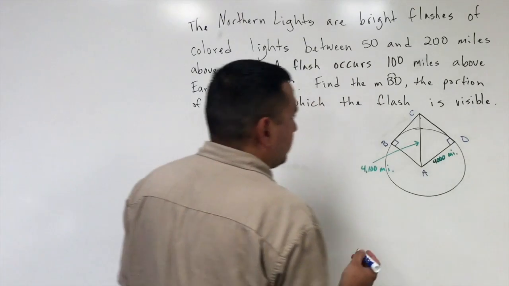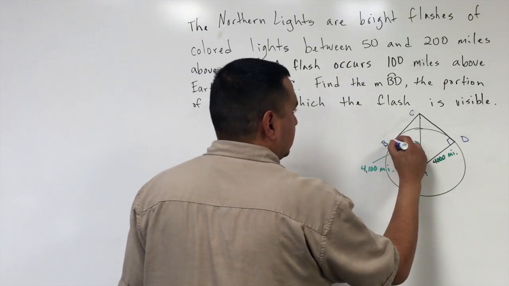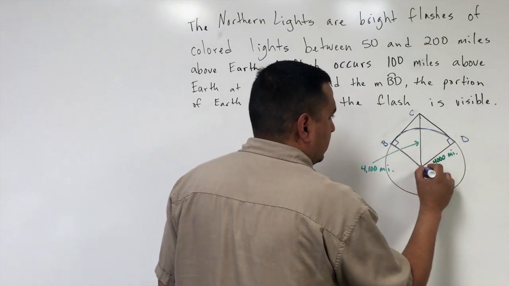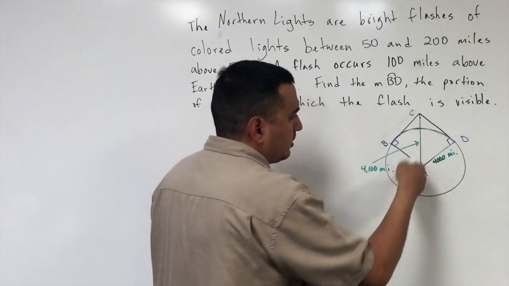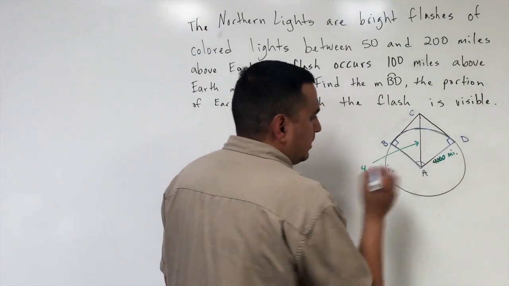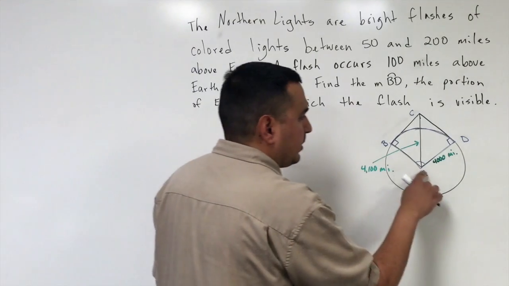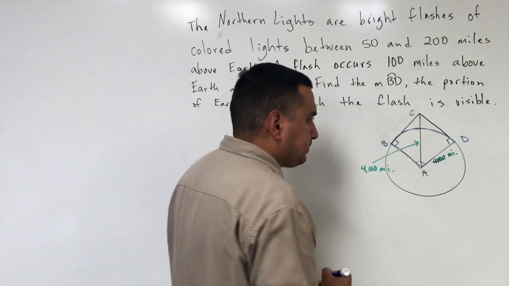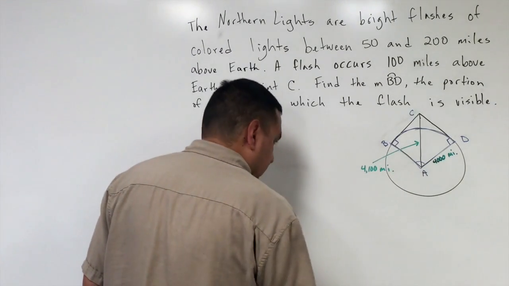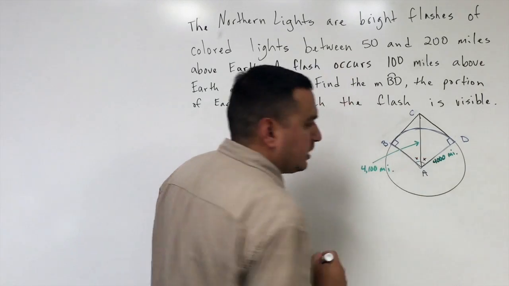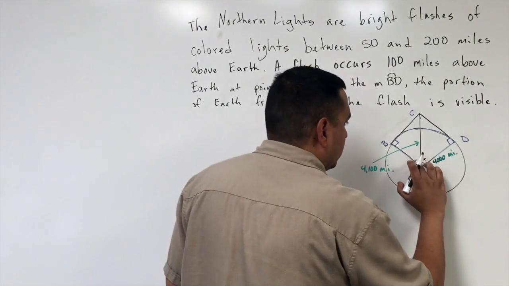And the reason I'm bringing that up is because in order for me to find this arc BD, I need to know what the central angle is here. This segment AC is bisecting that angle down there at the bottom. If I can figure out what this angle at the bottom is, I can figure out what the arc is. So I'm going to let this angle down here be x, which means this angle over here is x. But I'm just going to focus on the one on the right.